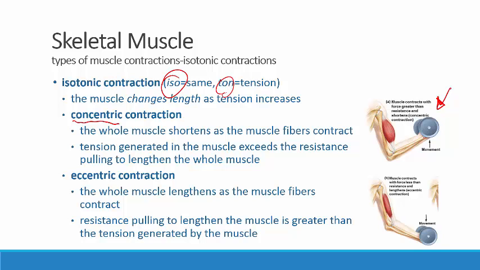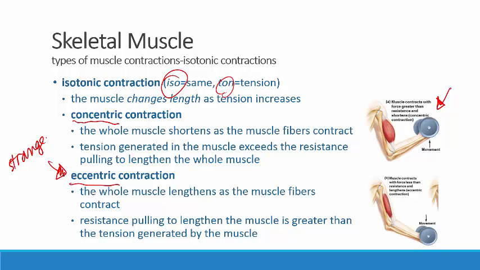There can also be eccentric contractions. I can remember the difference between concentric and eccentric because I think about the alternative meaning of eccentric, which is strange, right? If somebody is eccentric, they're a little strange. Well, it's strange to me to think about tension in the muscle increasing even though the muscle is lengthening.